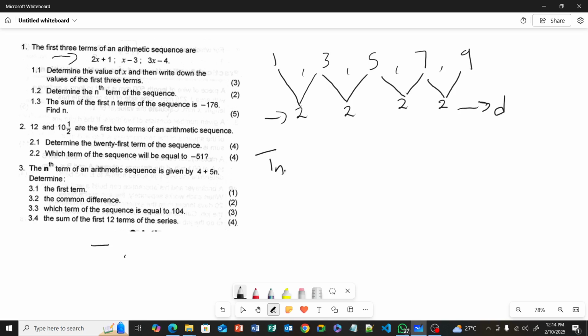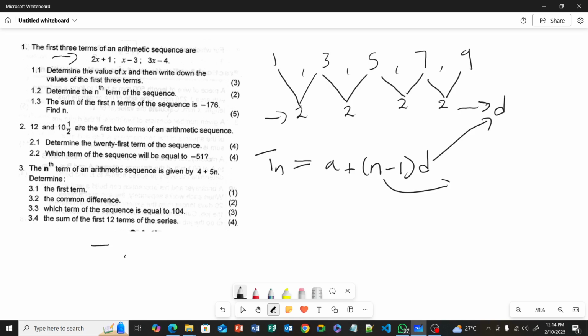So it can be any number in the sequence, any term in the sequence. Okay? So Tn is equals to A plus (n minus 1) multiplied by D. So this D is the same as that D over there, which is the difference.